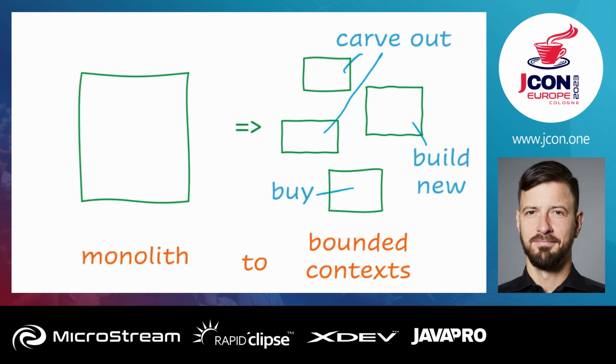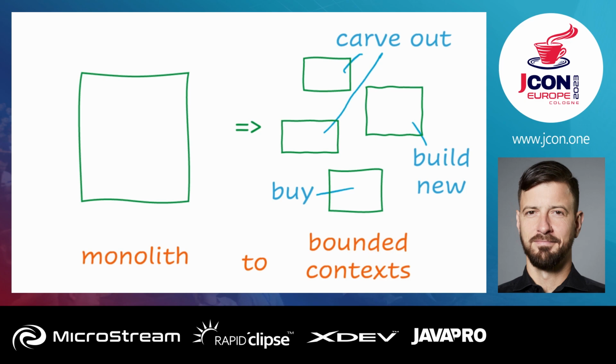Okay, when we have modules in our system, or when we move from a monolithic system to a modular system, then we can answer the question, do we replace or do we transform? Or do we buy something? Then we can answer that question differently.